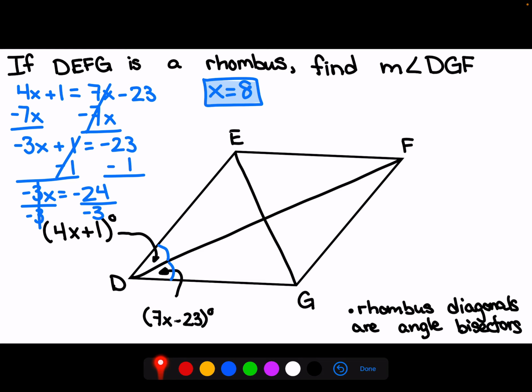So since this is a rhombus, we know it's also a parallelogram, because it's within the parallelogram family. And if that's the case, that means that we have consecutive angles that are supplementary. So angle D plus angle G is equal to 180 degrees. So we can set that up.